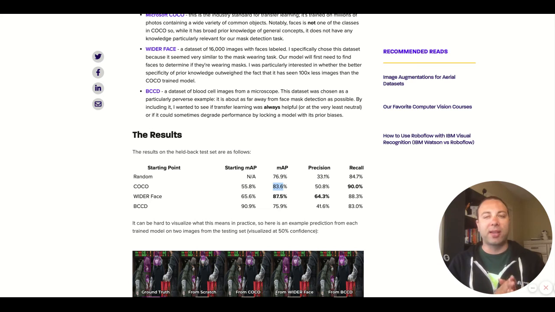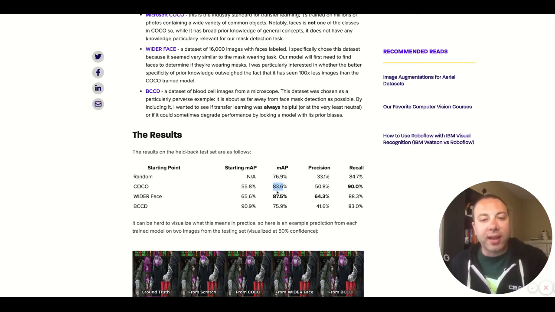So think about things like textures and curves and straight lines and zigzags, sharp corners. All of those things are present in a wide variety of photos. And so if you can bootstrap your model with knowledge of those basic image primitives, it should hopefully be able to learn better about things in your data set. It gives it kind of a head start.